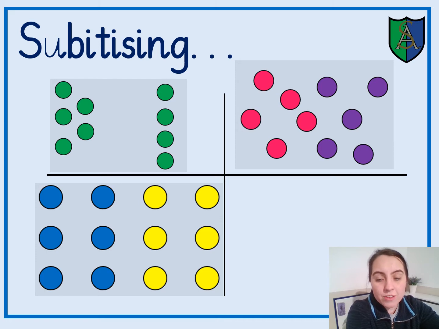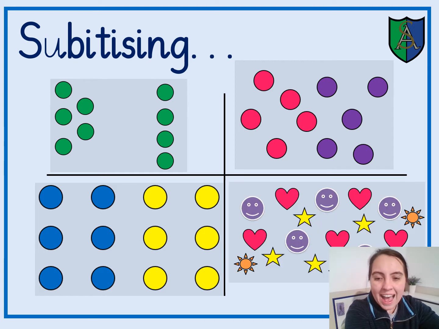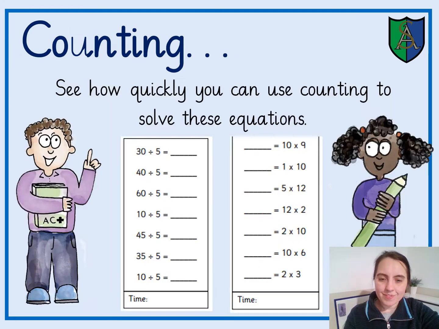And also you could have counted in your threes with that one as well. So 3, 6, 9, 12 to get the answer. And finally, our hearts. There were 2 on the top and 3 on the bottom, which makes 5. So well done if you managed to get all of them or any of them correct. Good supertising skills.